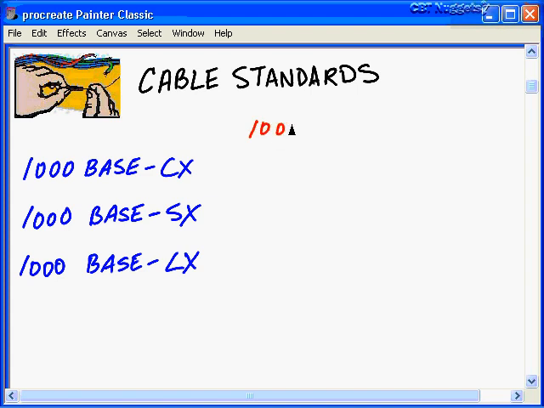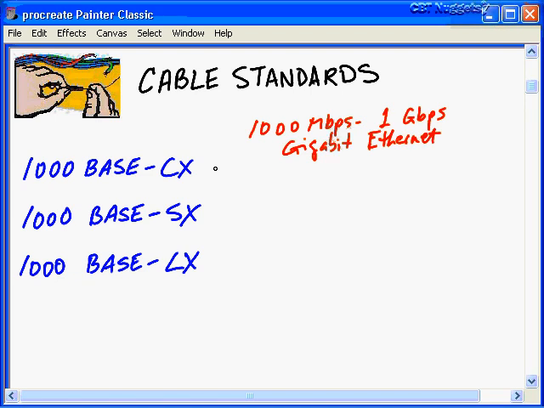So we'll just jot that down: 1,000 megabit per second or 1 gig, otherwise known as gigabit Ethernet. There's 3 standards to be aware of for your exam.